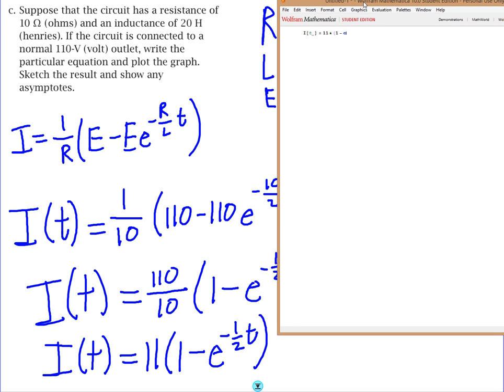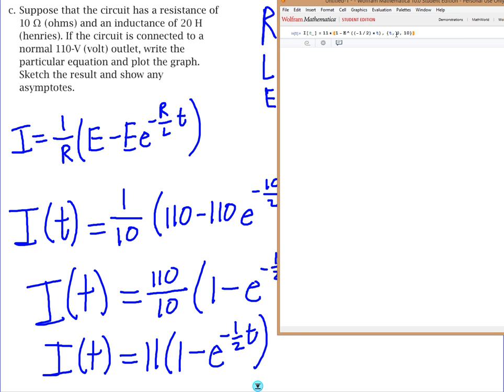Okay, 1 minus e to the negative 1/2 times t. Make this a little better here. We'll do that from t equals 0 to 10? Why not?